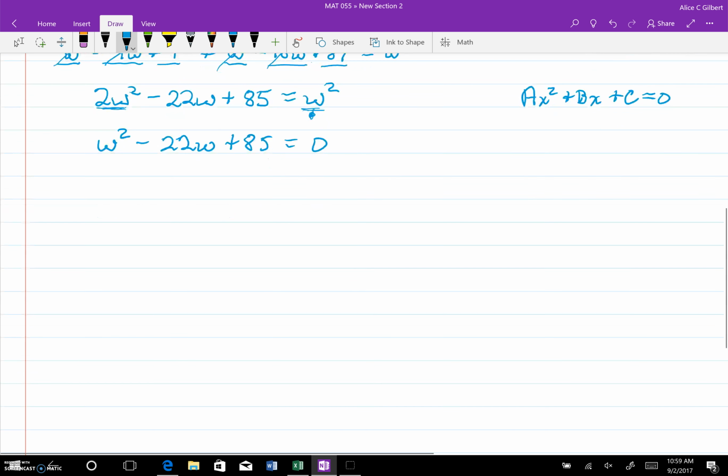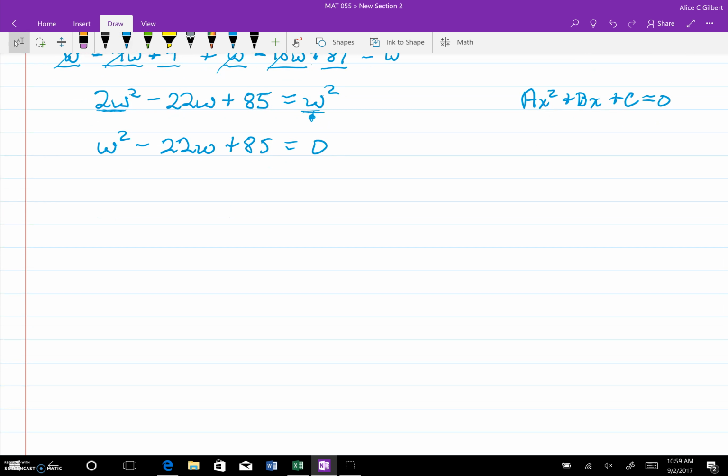Well, now I'm just needing to factor this. So rule number 1, any greatest common factors? Nope. Rule number 2, is it a special factoring form? First question, is it a binomial? Nope. So it's not a difference of squares. Next question, is it a trinomial? Yep.